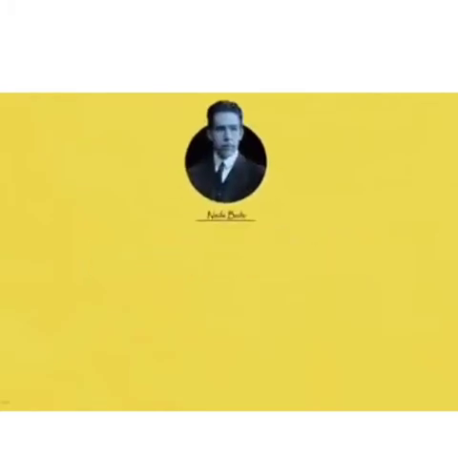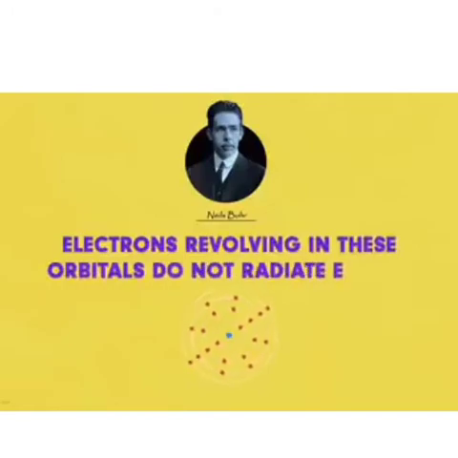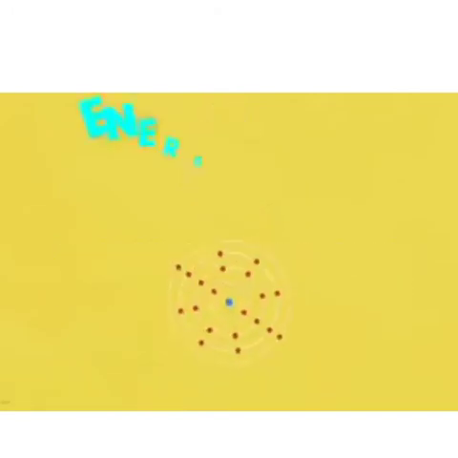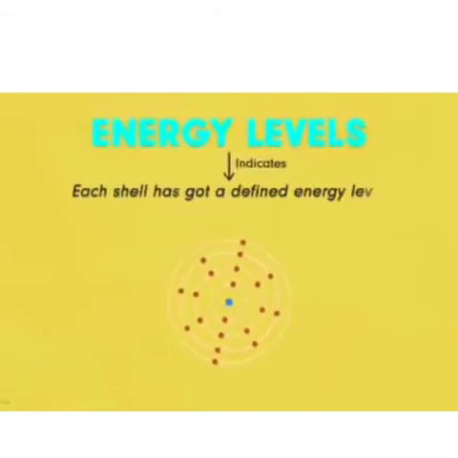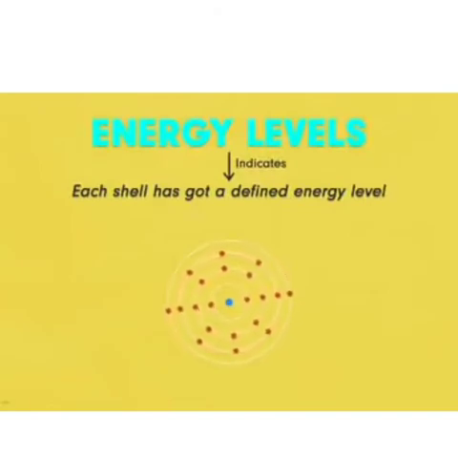Niels Bohr suggested that the electrons revolving in these orbitals do not radiate energy. Now this is justified when we use the term energy levels, because it indicates that each shell has got a defined energy level. That means when the electrons revolve in these shells, they do not liberate any form of energy.